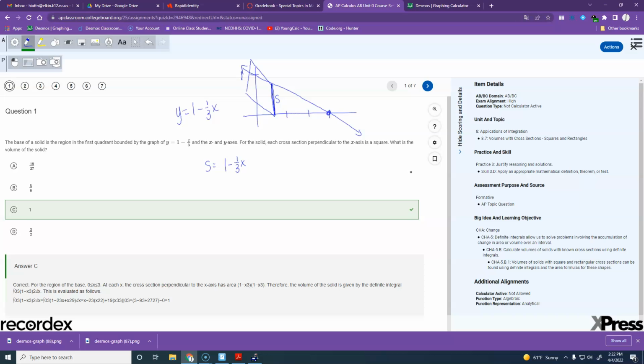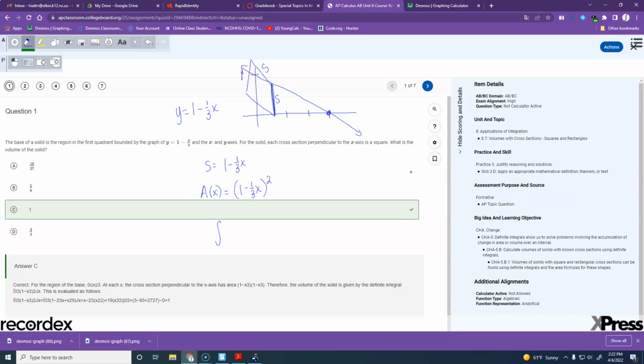Okay, so the area of this square that I'm building right here would be S times S, right, because it's a square. So it'd be 1 minus 1/3 x squared. And if we want to find the volume of this, we would need to integrate.